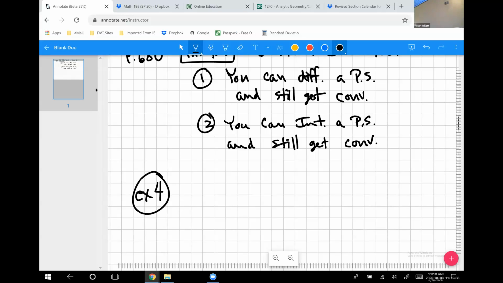Let's look at example 4. So we took note of the fact that the function 1 over 1 minus x is the result of a geometric series as long as you're plugging in a number that's got an absolute value of less than 1.